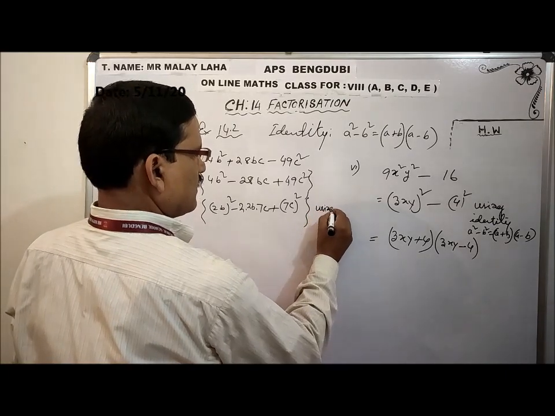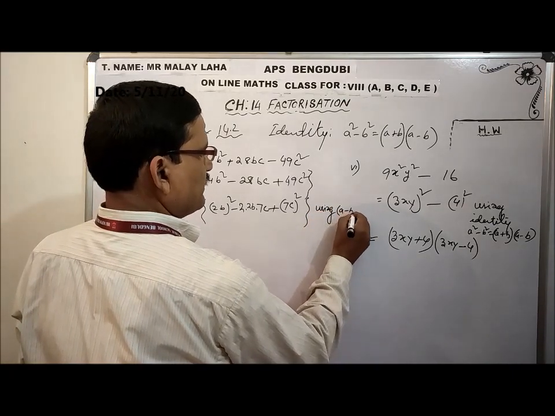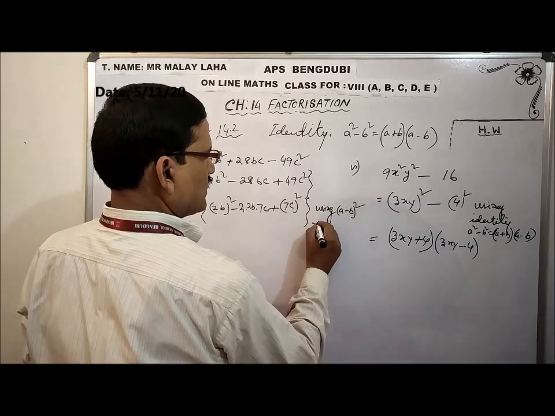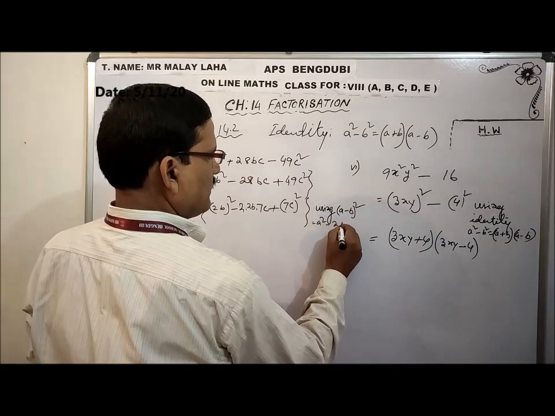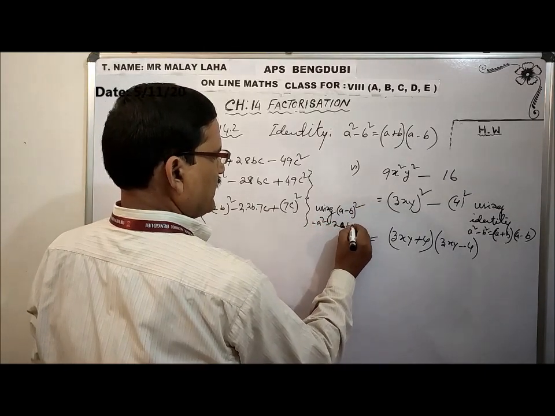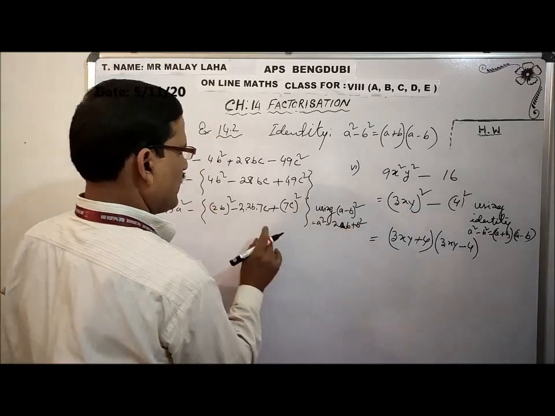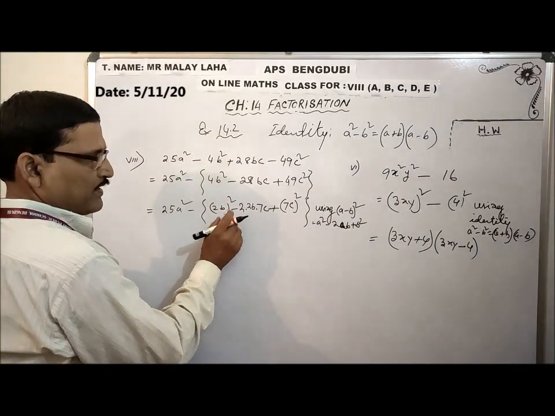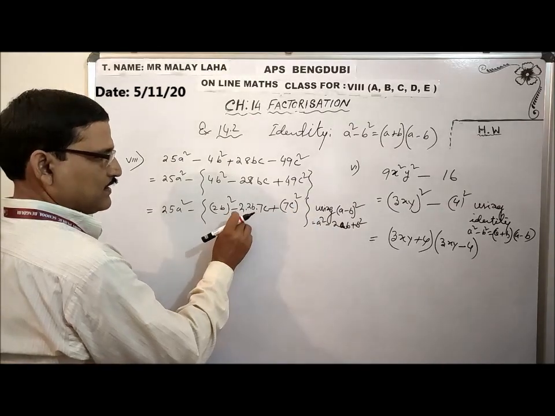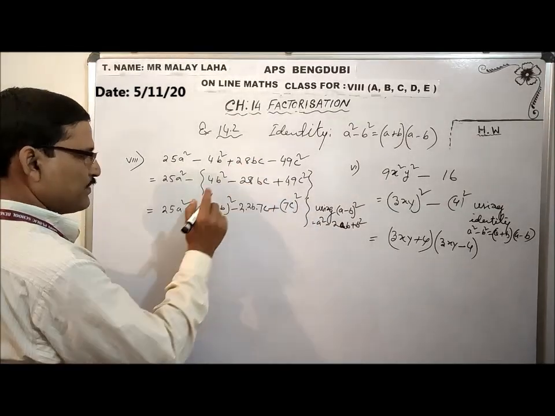Using a minus b whole square equals a square minus 2ab plus b square, where a is 2b, b is 7c, and this is 2ab. And after solution, I am getting this one.